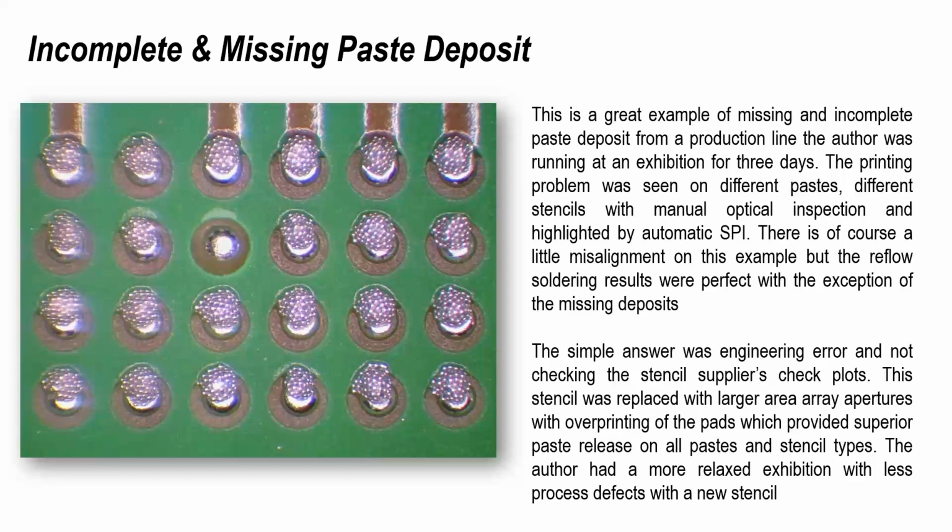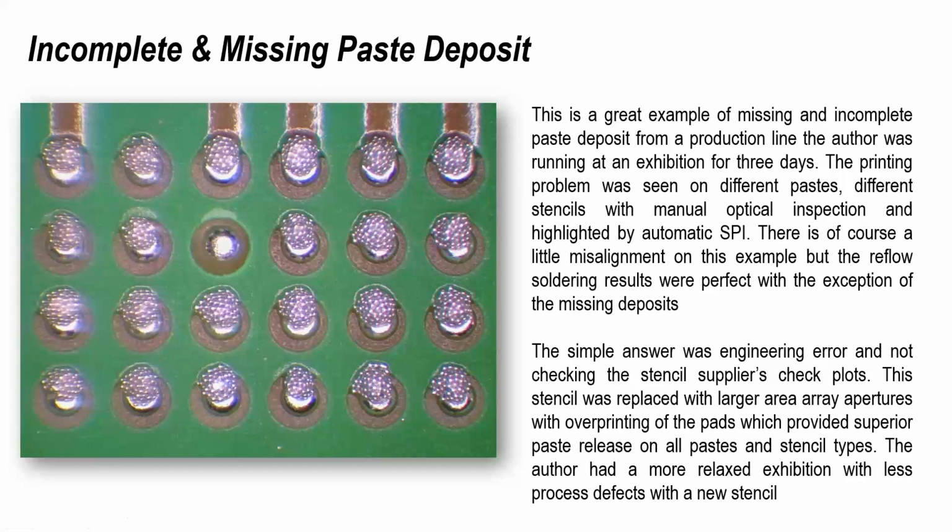And we can see that on all the different board finishes we were running. This is obviously a tin lead solder level board, but we also saw it on other finishes as well. So again, use the information, use the knowledge of the supplier trying to help us out, never not pick up on check plots. And also, if you're a contract manufacturer, please check the stencil information you get from your customer.